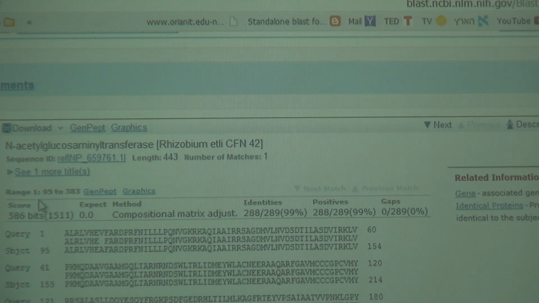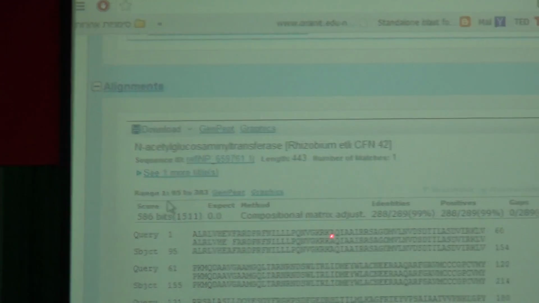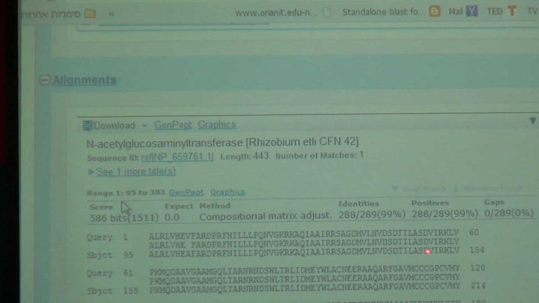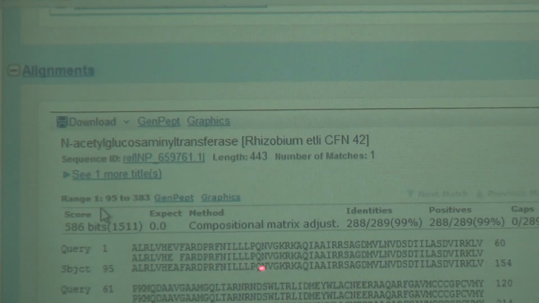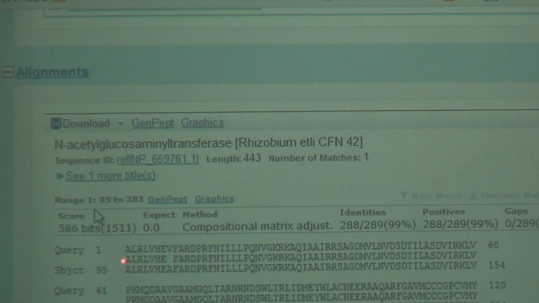Remember the alignment? These are the alignments. This is the alignment. The top row is the query, our query. The bottom row is the hit from the database. And the middle row, the second row, is the agreement.